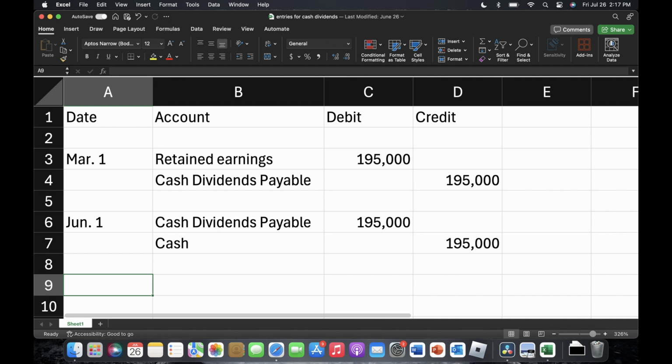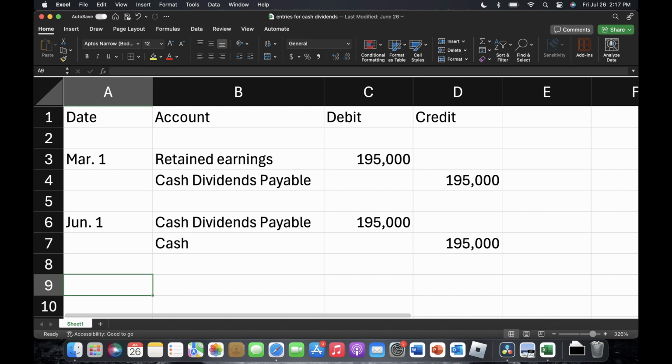An entry for the record on April 18th is not needed. For the entry for the payment, put the date of the payment, which would be June 1st in this example. Then you put the two accounts that are being affected on this date, which is the cash dividends payable account and the cash account. The cash dividends payable account goes on top because it is a liability that is being decreased and is therefore being debited.